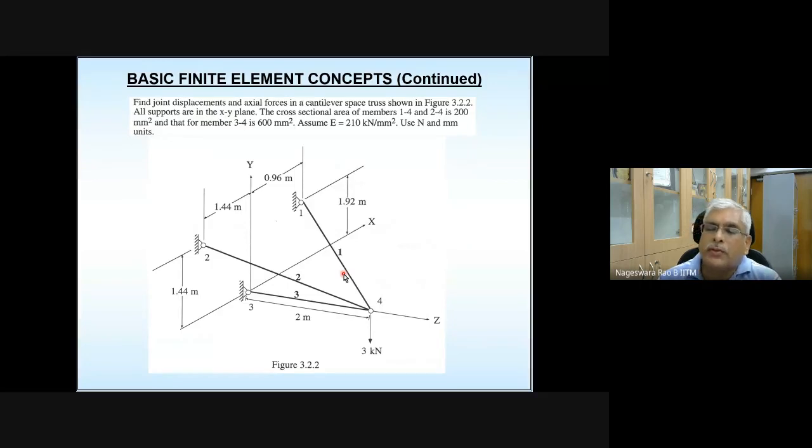But always make sure the common node is either consistently local node 1 or local node 2 for all the elements. Once you decide that, you can assemble the element equations. You can go through all these numerical values and cross check whether these calculations are correct or not.